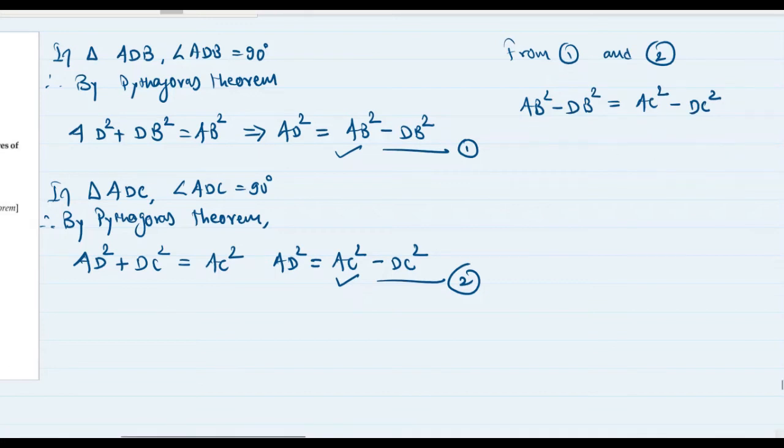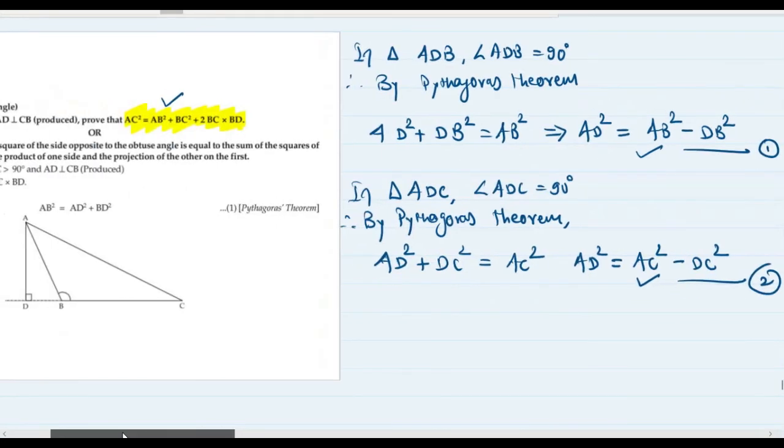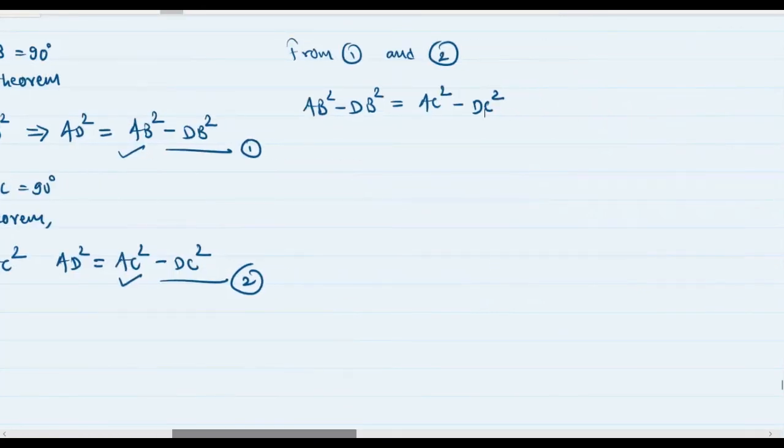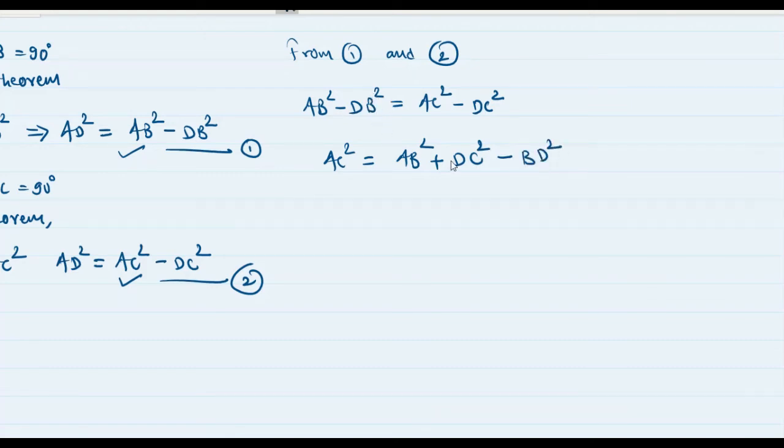Now again I'm going to show you what is to be proved. AC square is equal to something. So AC square will come on one side, and we'll find the value of AC square to be AB square plus DC square minus BD square, or DB square, whatever you want to say.